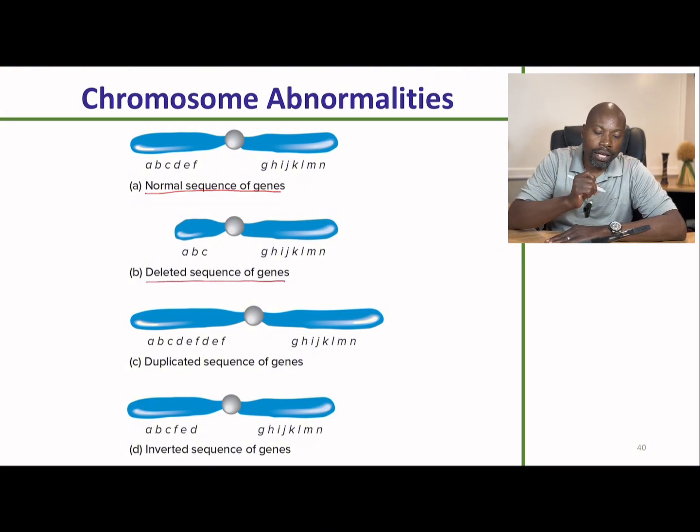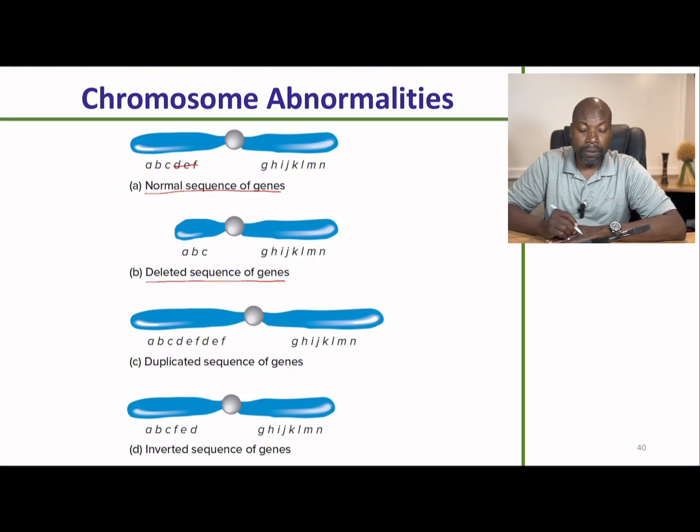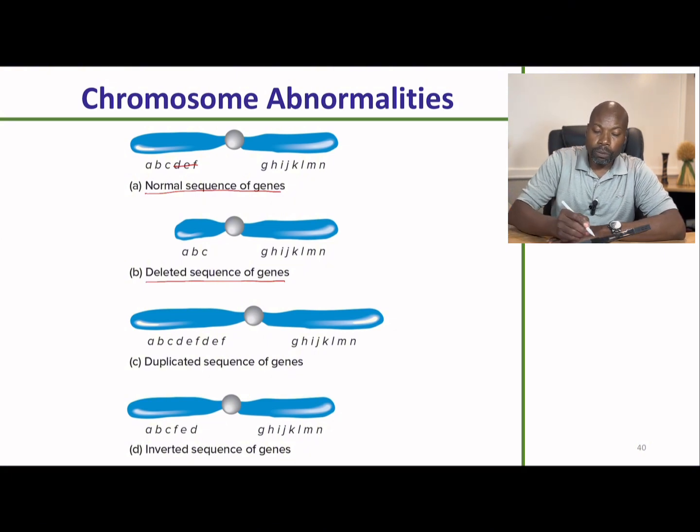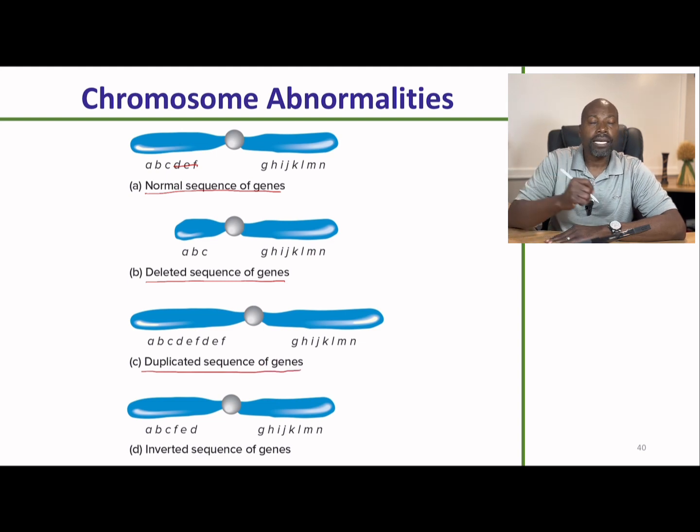This is when you have loss of genetic information. So for instance, here we have A, B, C. In the normal chromosome, we did have D, E, F, but now you don't have D, E, F. Okay, that's a deletion.